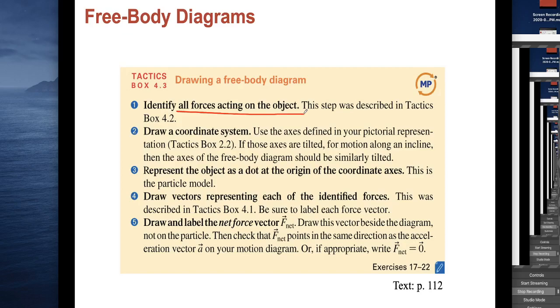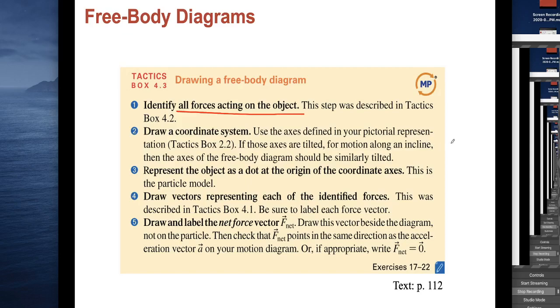For example, if there's a normal force or tension force, or some other forces, you need to identify them.